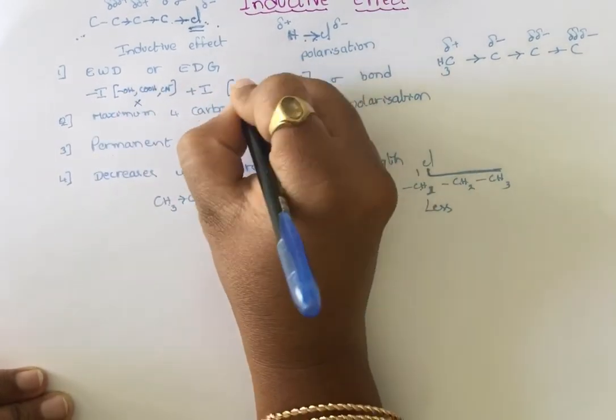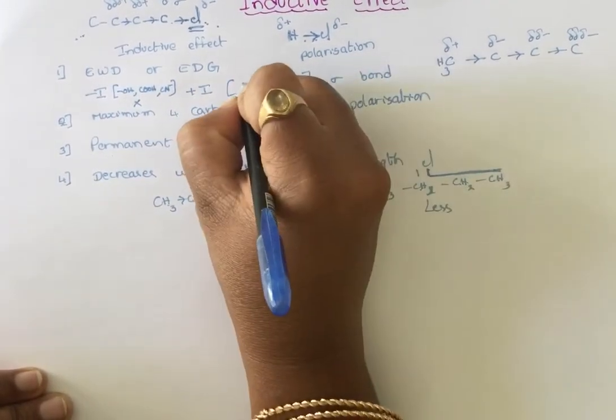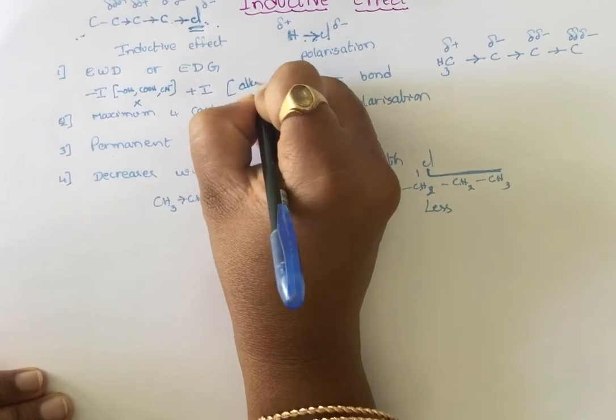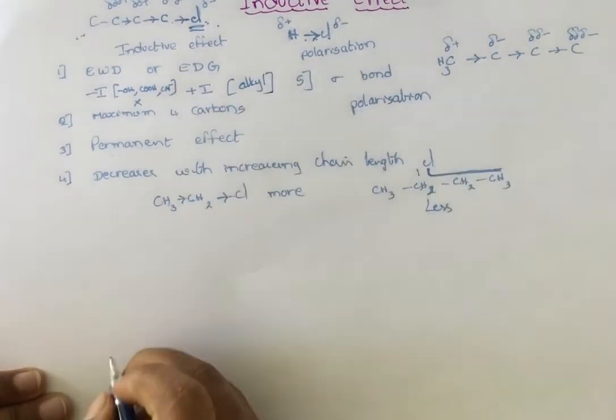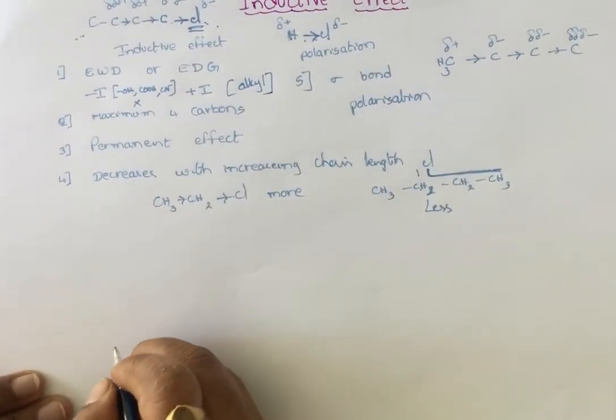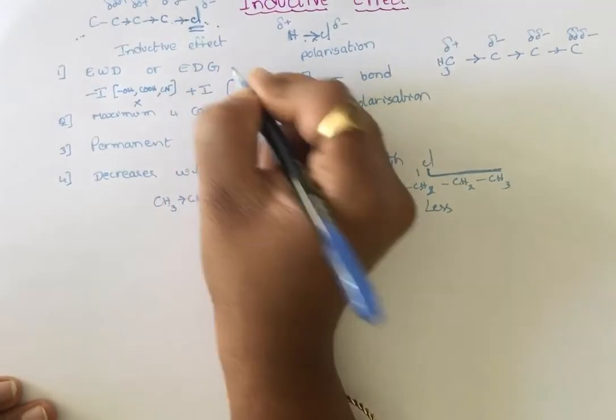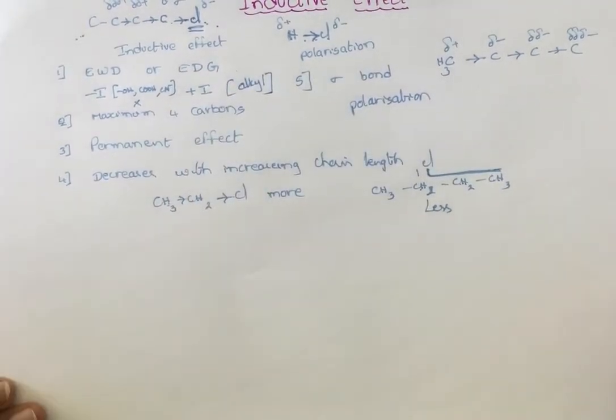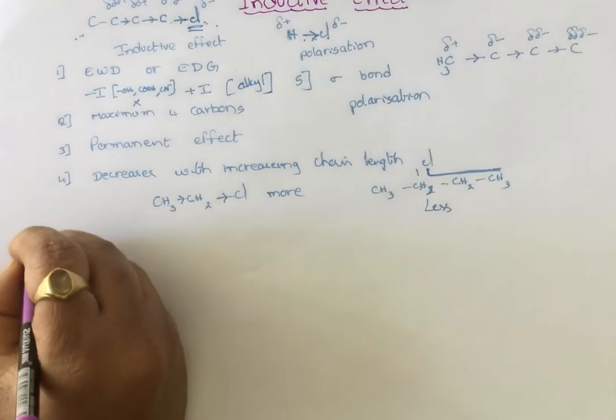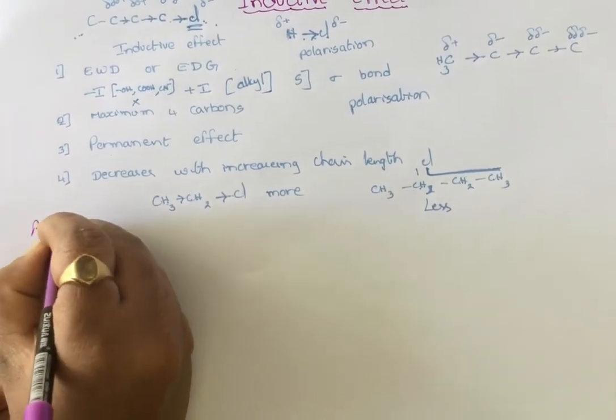An example of an electron donating group is alkyl groups like methyl. Now let us see what are the applications of this inductive effect.